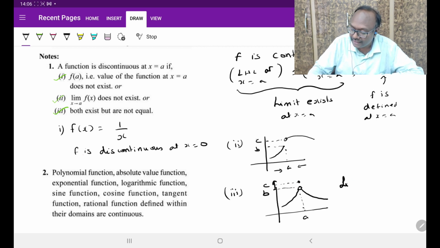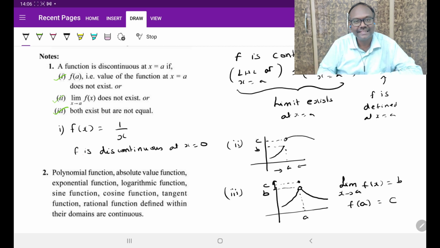So limit x tends to a, f of x is found to be b, and f of a is found to be equal to c. Here in this case we observe that the limiting value of the function exists and f of a is also defined, but still they are not found to be equal. So in that case also the function is discontinuous at the point x equal to a.